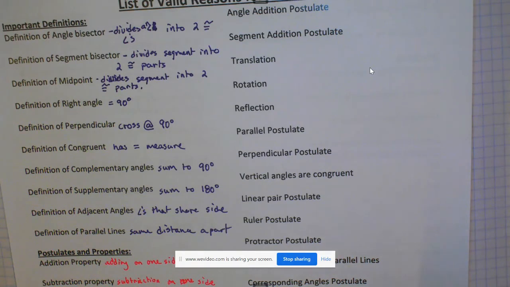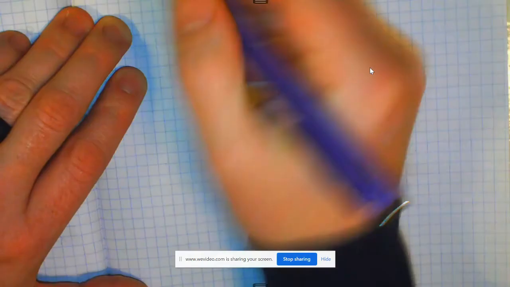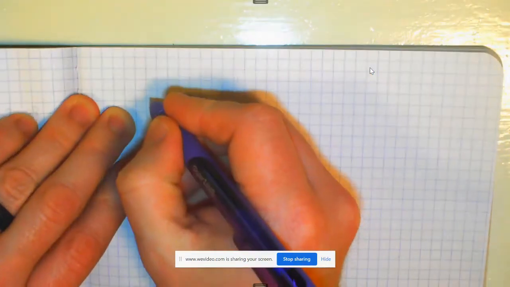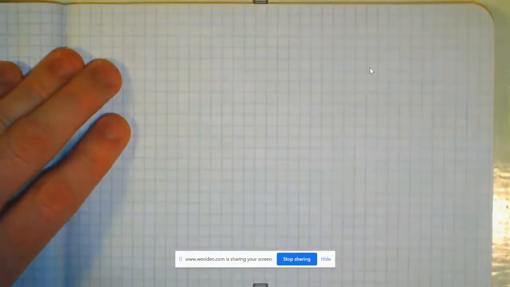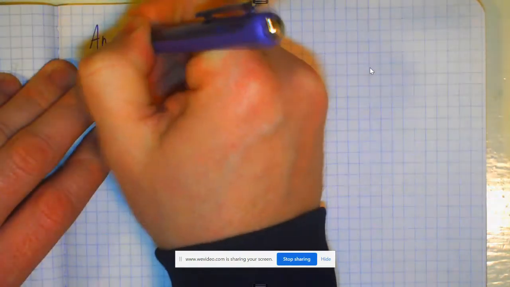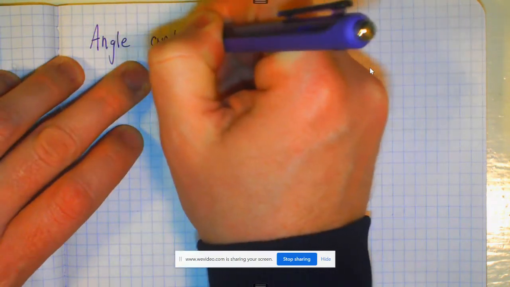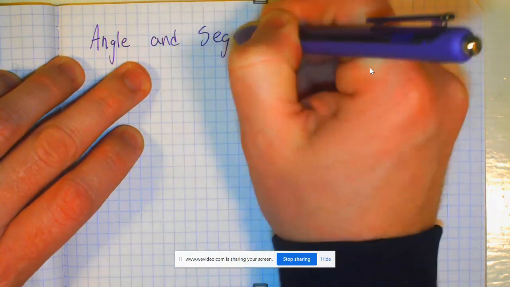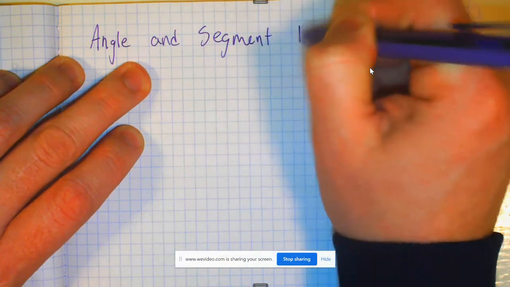Again, we're on page 29 of our notebook, and we're going to start here with angle and segment proofs.